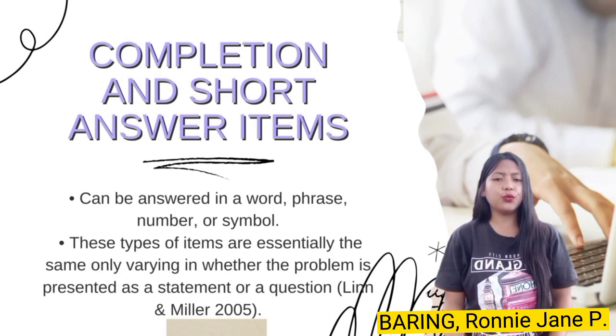Lin and Miller 2005 stated that completion and short answer items can be answered in a word, phrase, number, or symbol. These types of items are essentially the same, only varying in whether the problem is presented as a statement or a question.